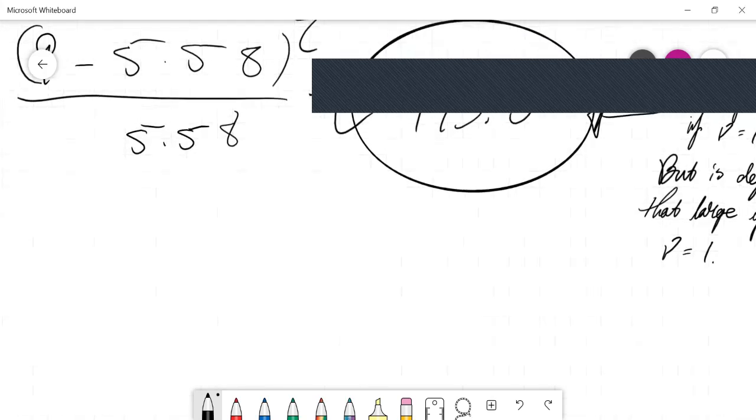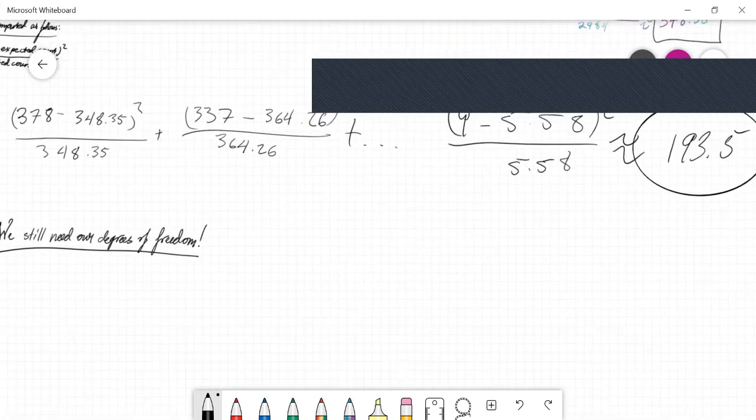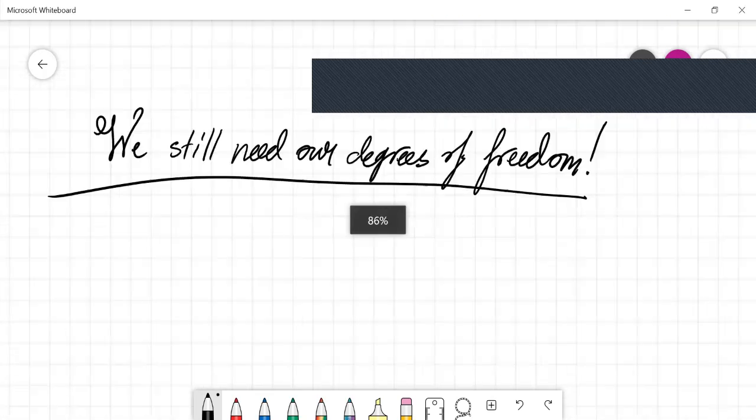So you need your degrees of freedom, otherwise you're not going to be able to do this correctly.